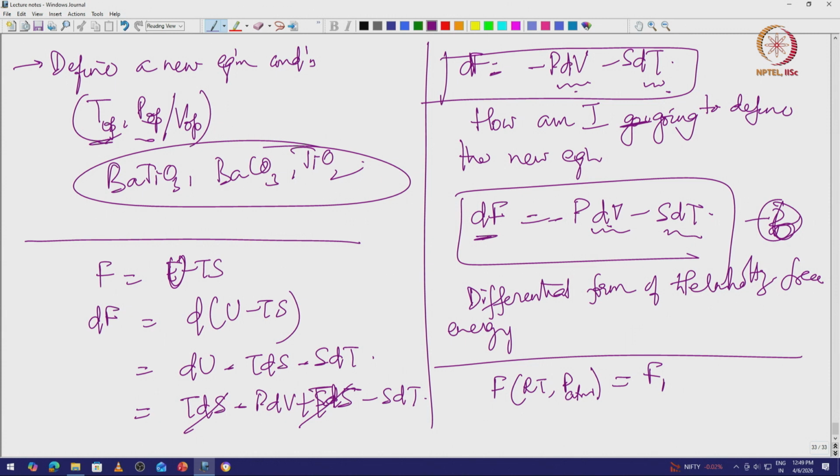Defining absolute values of energy does not make sense, but in the same scale, in the same reference, let us say F at room temperature and pressure is some value F1. So, this is the equilibrium F.